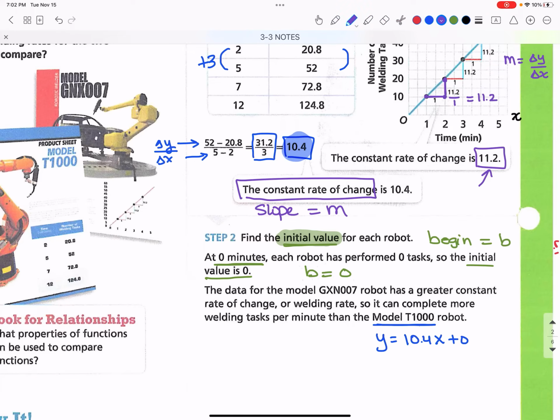And then we know that this GNX007 equation would be y equals, and here is the slope for that one, 11.2x, and we also know its B was 0, so you could write it or not. If you wrote it without it, it would look like this. And if you wrote the other one without the plus 0, because we don't have to put the plus 0 if it's a 0. Those are the two equations that we got from finding the M, and we found the B.